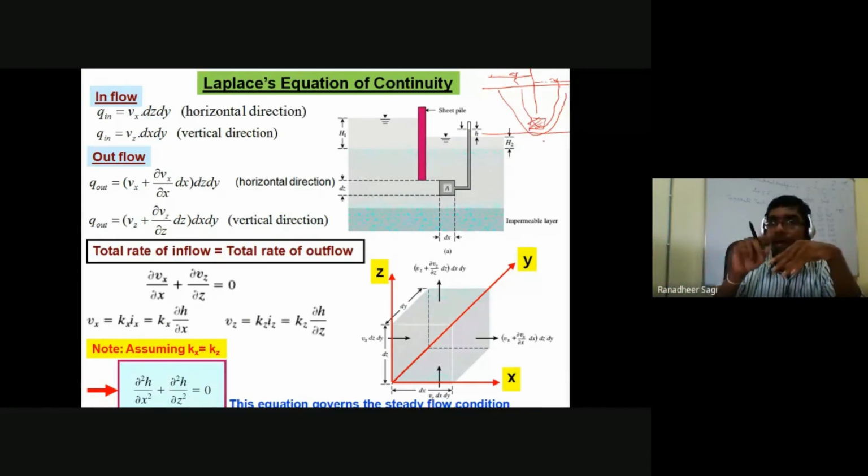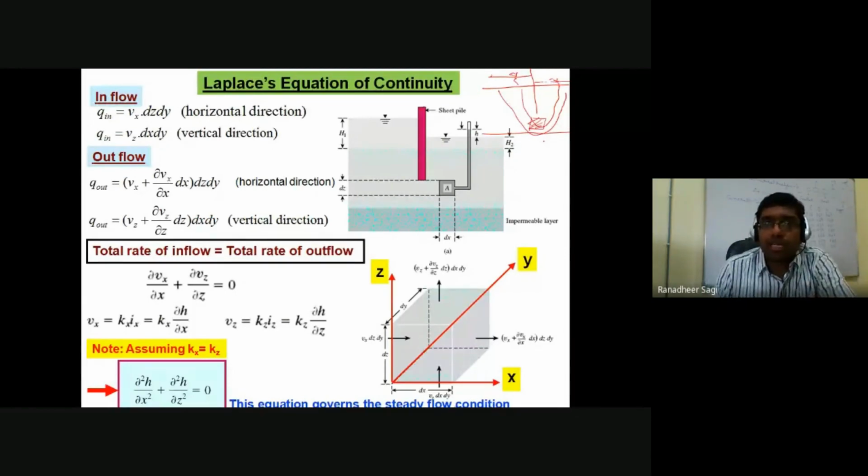Sometimes it might take the z-directional path to get dissipated out of that soil element. So with whatever velocity the water particle enters, either in the x direction or the z direction, you may not see it come out with the same velocity. There might be a small variation in the velocities, both in the x direction and the z direction, when the water particle leaves the chosen small soil element.